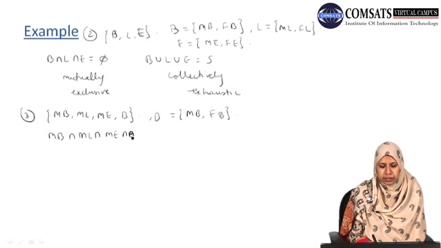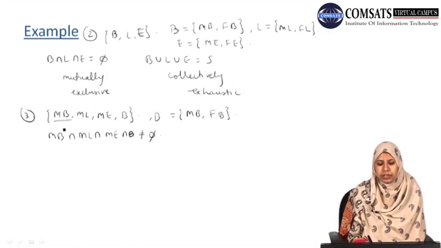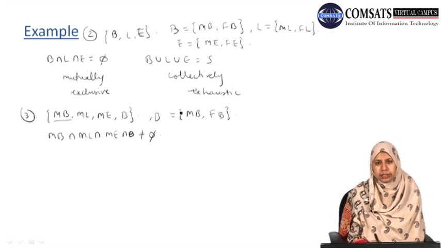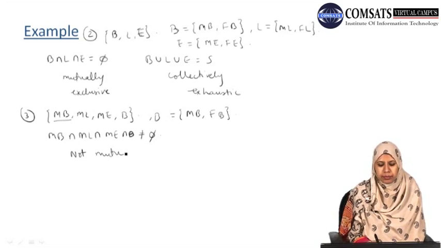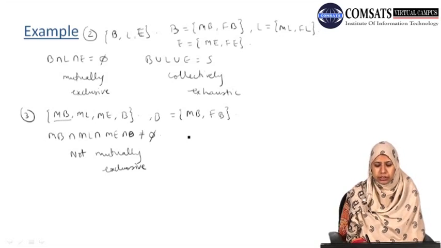Then the intersection of these events is not an empty set, because the intersection of the event MB with the event B is not empty, which means that these events are not mutually exclusive. And what about the union?